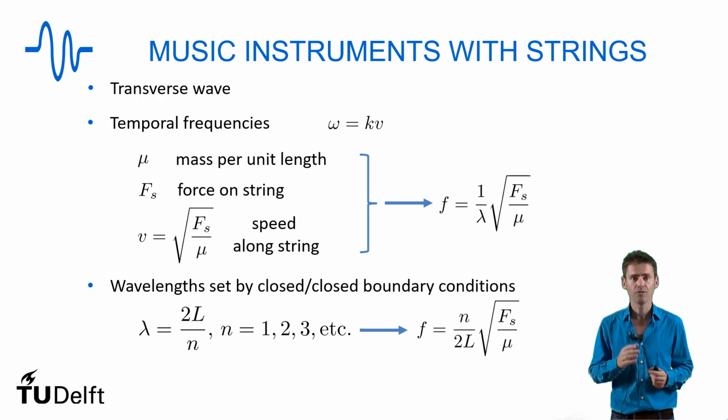So in this case, the wavelengths are 2L divided by n, with n an integer equal to 1, 2, or 3. So finally, we end up with this relation: f is equal to n divided by 2L times the square root of Fs divided by mu. You may have seen this equation at the introduction of this course.